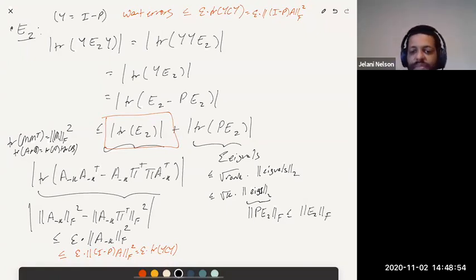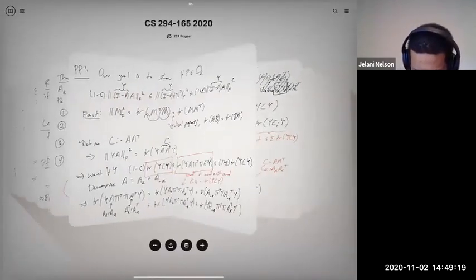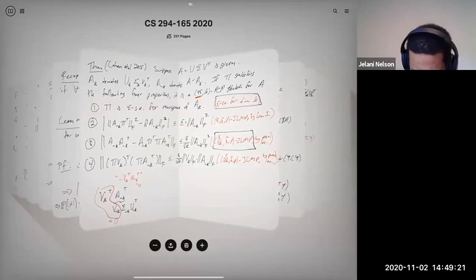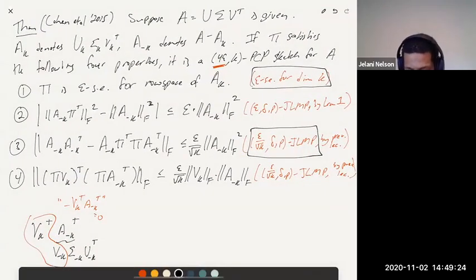And this is the thing that we just bounded. Was this one of my conditions? Yeah. So this is condition 3, right? This is just E2.